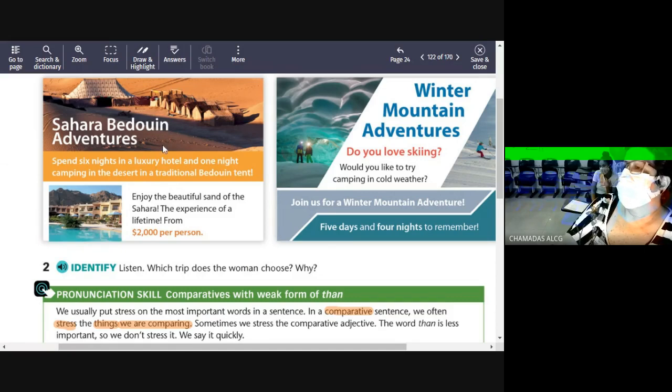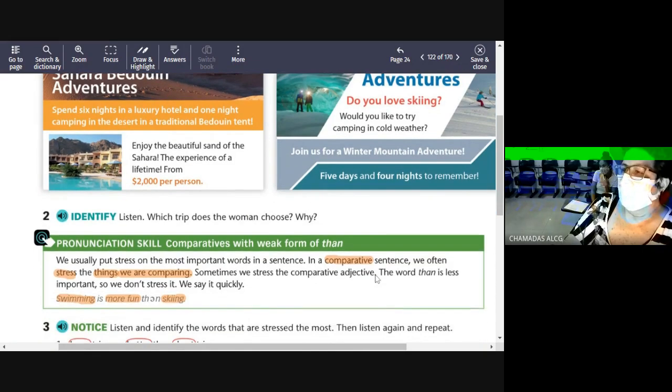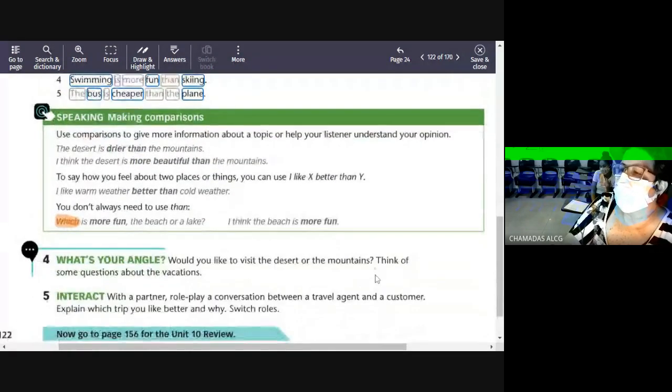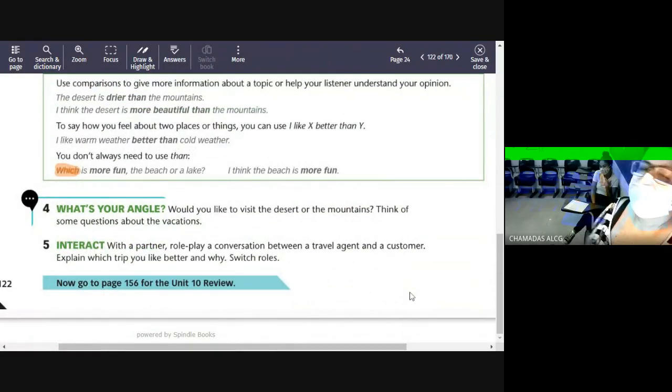I think this would be better. Yeah, air conditioner, everything. Okay. All right, people. What about you guys, the people online? Where would you like to go? The desert or the mountains? Yeah, I guess nobody here would like to go to the mountains unless you like winter.